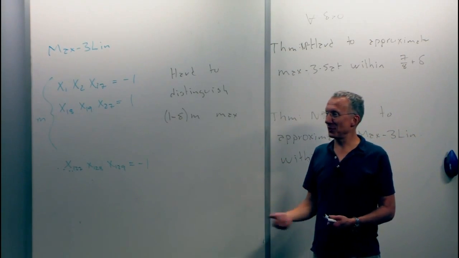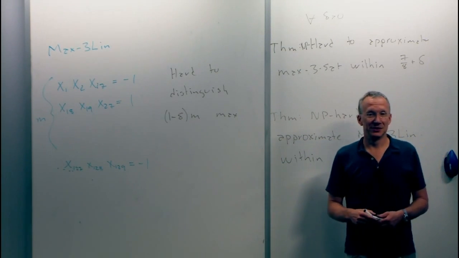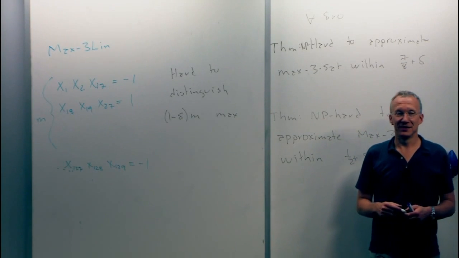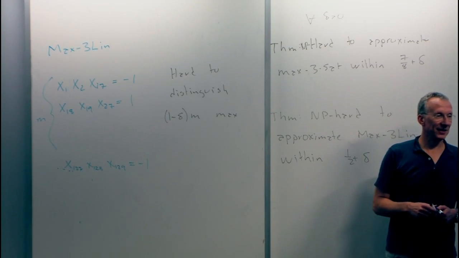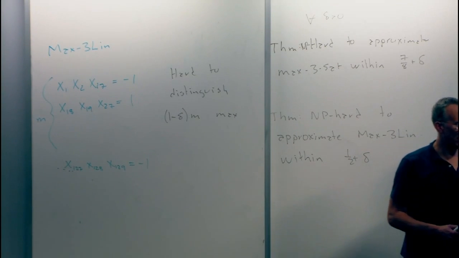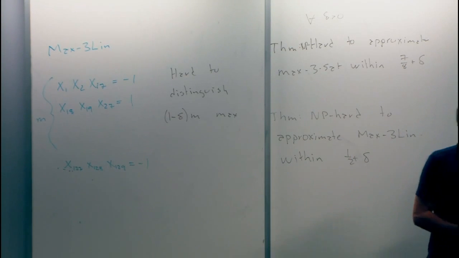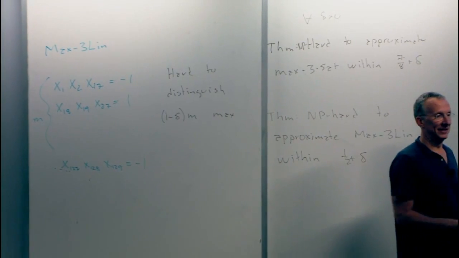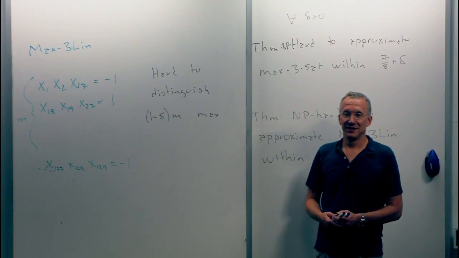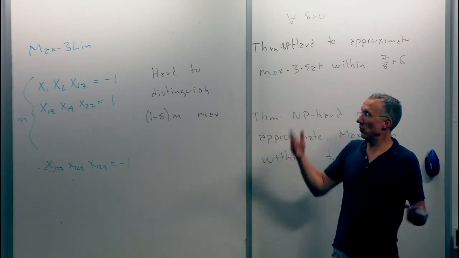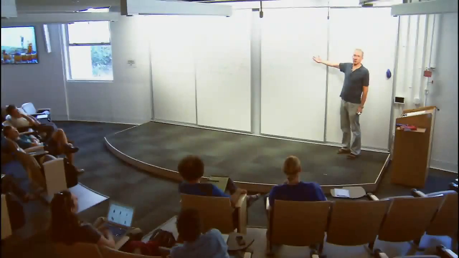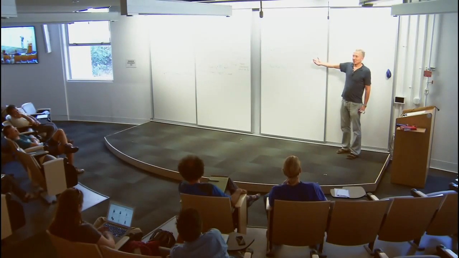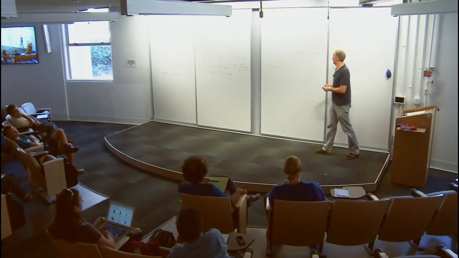What's the easy argument that you can do a half here? Just try all zeros or all ones. That works. All zeros and all ones, or just a random assignment also works, and does equally well.